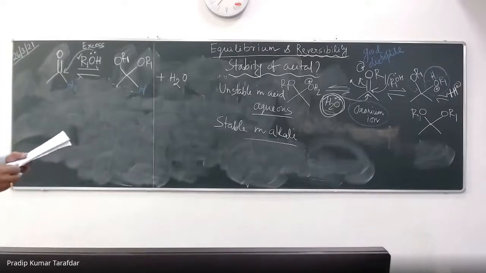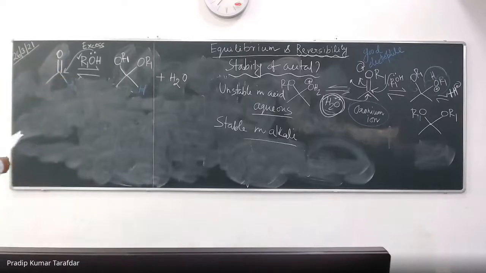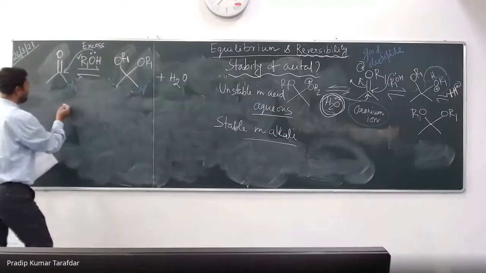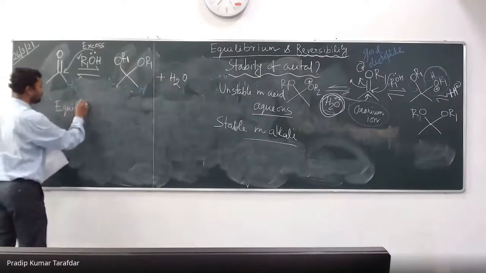So what is the advantage? Okay, so this is one thing. Another thing is how to drag the equilibrium. There is one more step which I did not write. So how can I make it a forward equilibrium?